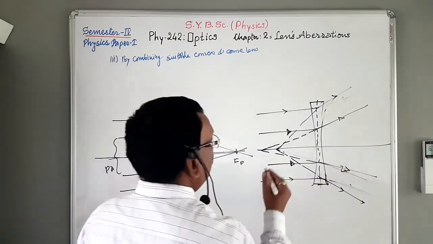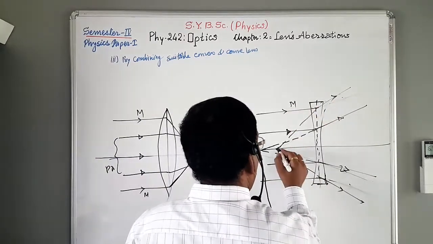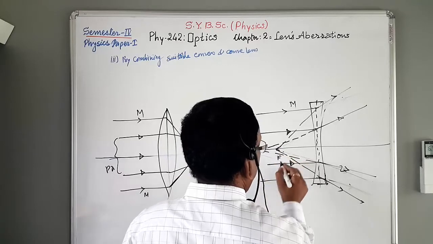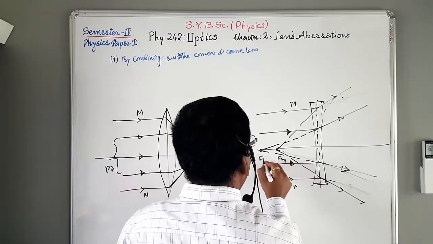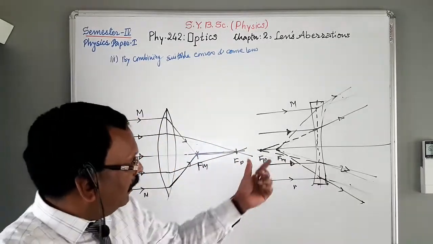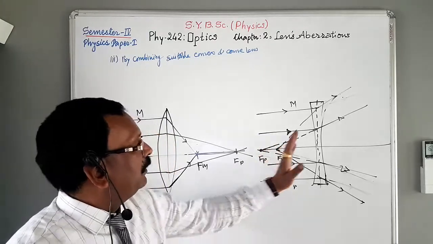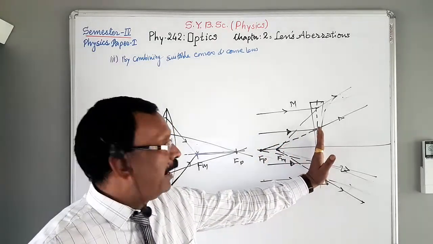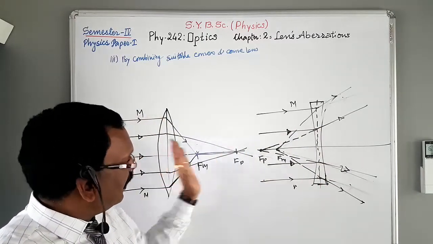See here, these marginal rays come to focus at this point Fm, and these paraxial rays come to focus at this point Fp. So here the distance between Fm and Fp is negative, because one happens toward the left of the lens and the other toward the right of the lens.